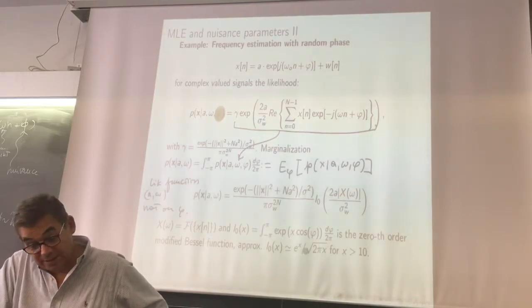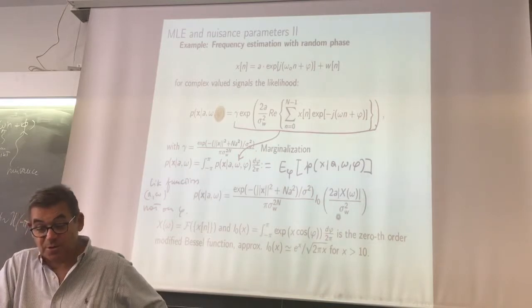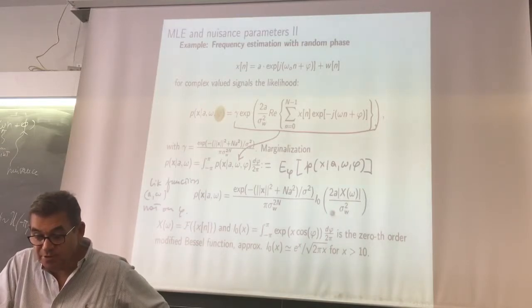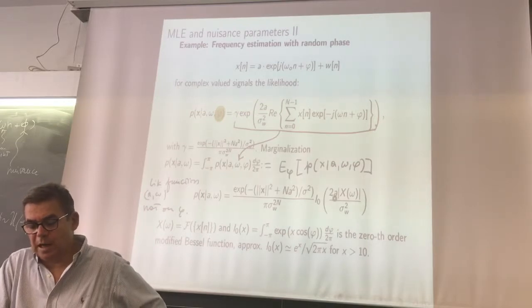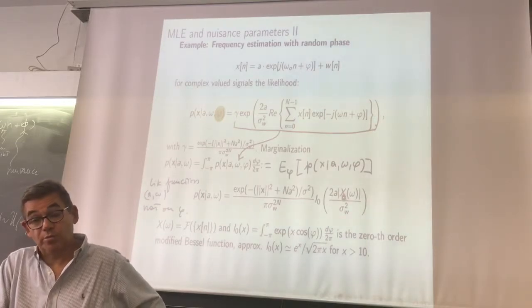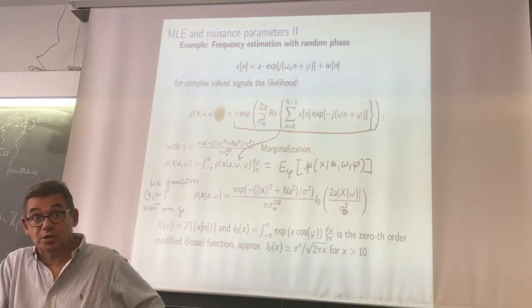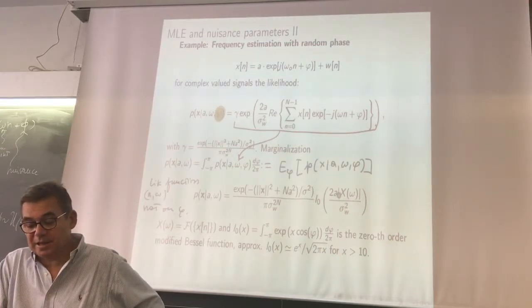So I can use this approximation. We remember that this approximation is only valid when the argument is very big, which means 2a Fourier transform divided by sigma w, which is noise, is very big.